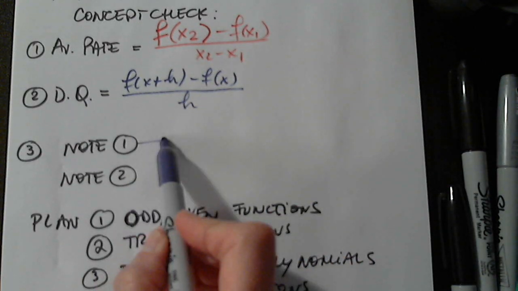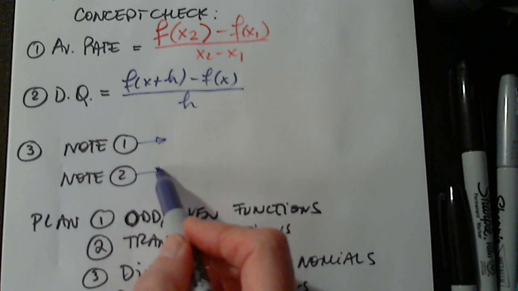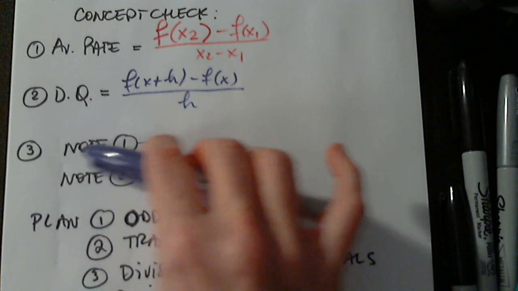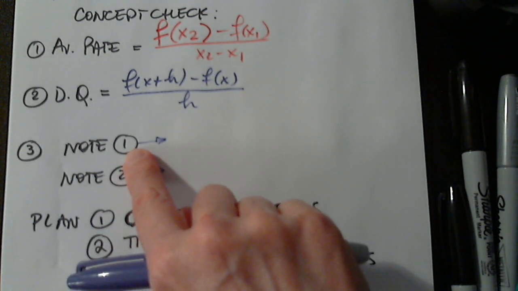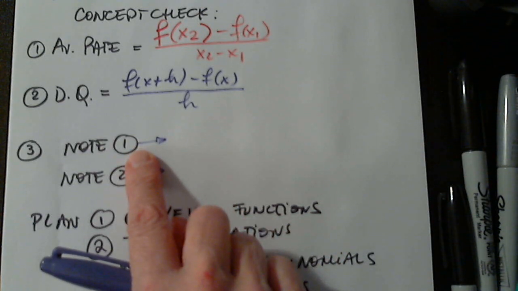And can anyone explain in a couple of words what I like to call note 1 and note 2, or call them the way you like, it doesn't matter. What is note 1 on the numerator? You have to get rid of all terms that don't include h. Exactly. Every term that does not have h must simplify.